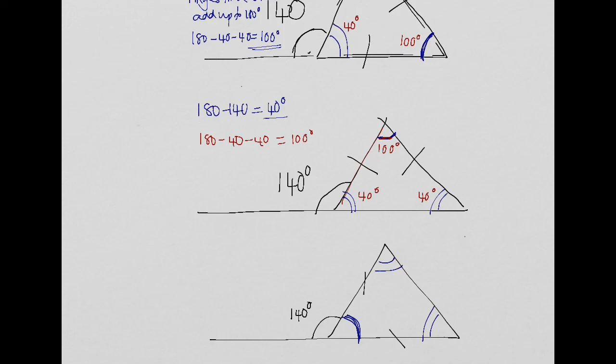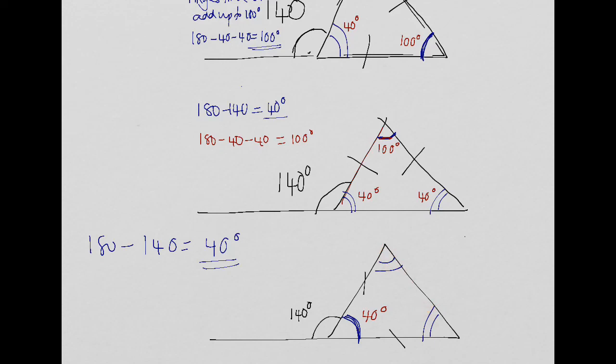And this is going to involve a slightly different calculation, because I'm going to do 180 subtract 140 equals 40 degrees. So my 40 degrees is going to go here. However, these two will add up to what is left.